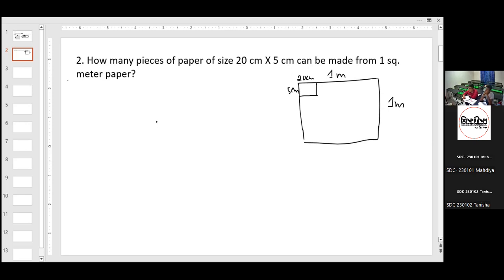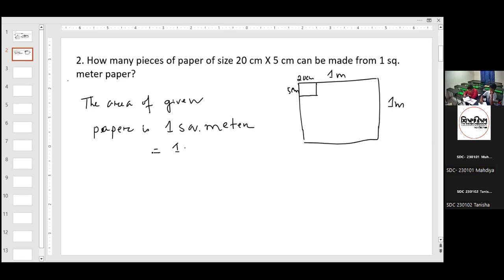So in this case, actually, we are going to write down like this, that the area of given paper is 1 square meter. That is equal to 1 meter multiplied by 1 meter. We do know that, right? We did it.